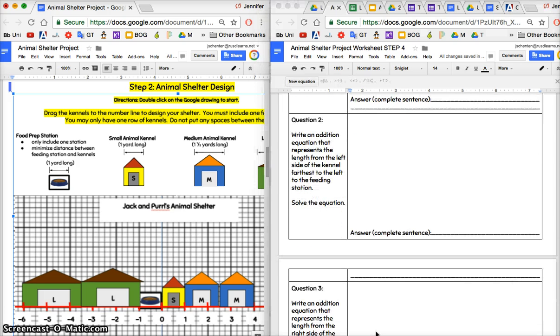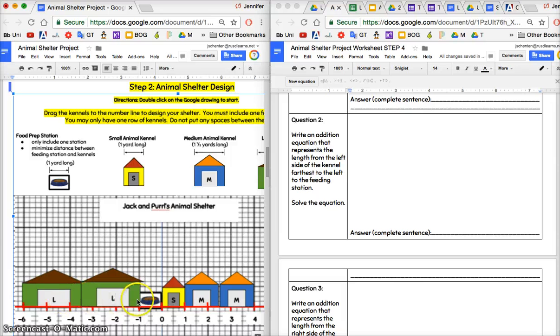Questions 2 and 3 are similar in that they ask you to calculate the length or distance on the number line using an addition equation. So question 2, write an addition equation that represents the length from the left side of the kennel farthest to the left of the feeding station. So you go from the very far left side of the kennel here all the way to the feeding station.